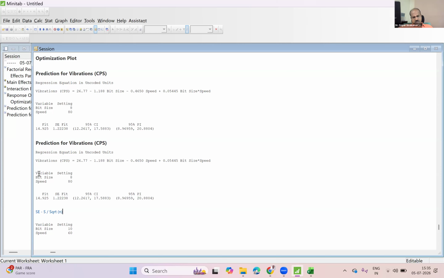The data is vibration data. When you have replication, when you have the vibration data variation, you can calculate standard deviation out of it and divide the calculation by root of n. That will be your standard error. That standard error is used to predict confidence interval. The S value is directly used to predict prediction interval.